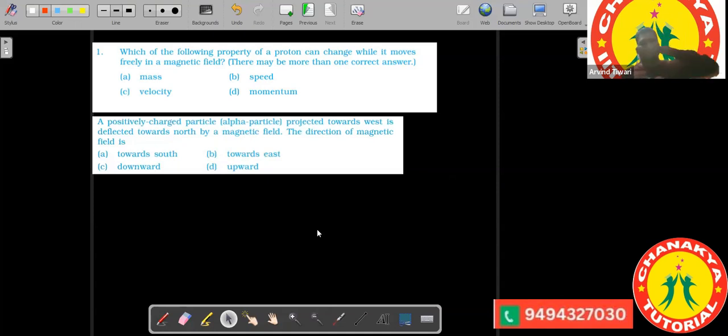See, here there are no electrons. These are positive charges. And the direction of positive charges is the same as the direction of magnetic field lines. Again they are talking of north, south, east, west, so you will make your directions.